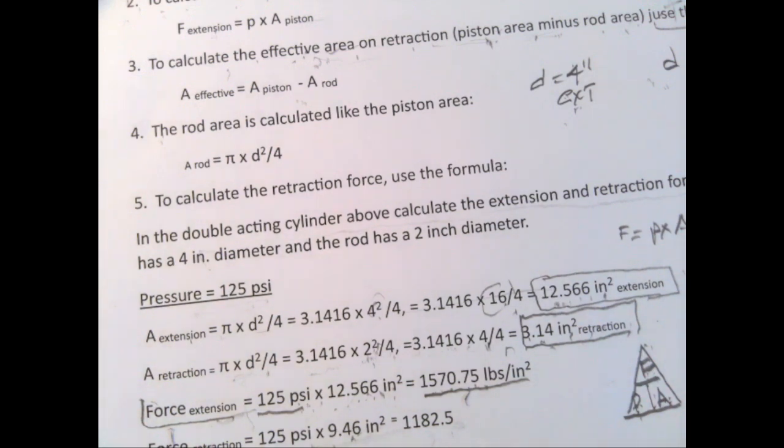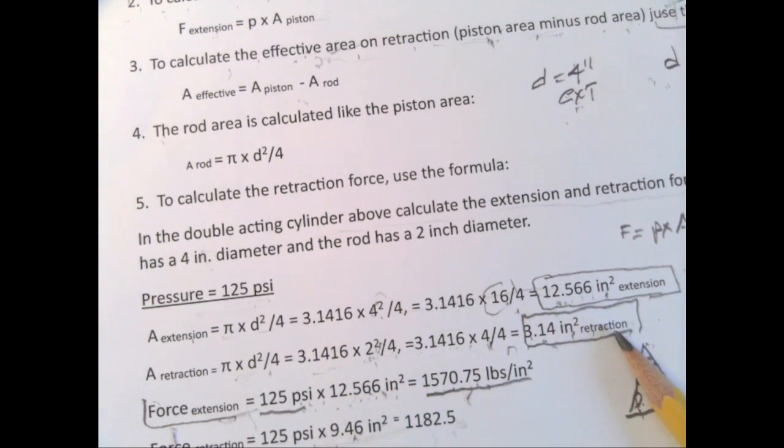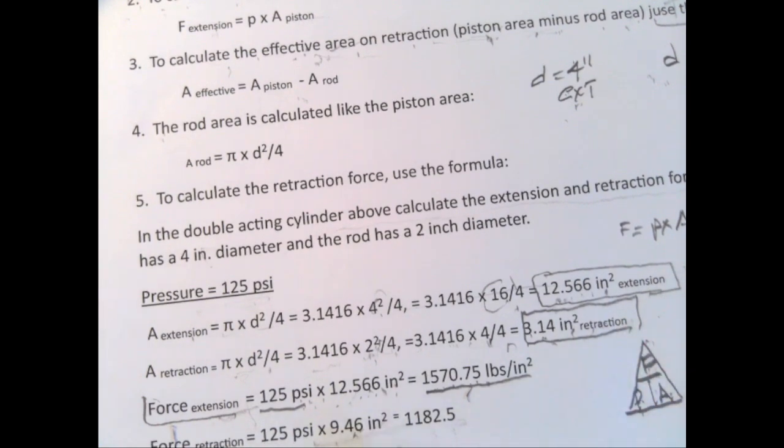So again, this is full extension. This is area for retraction. Area for extension minus area for retraction gives you the area for calculating force. Let's see if I'm right after all of that.